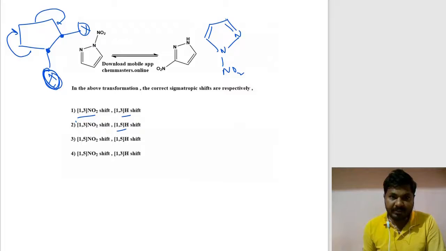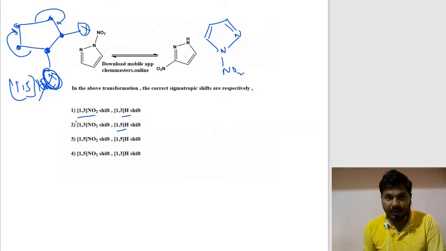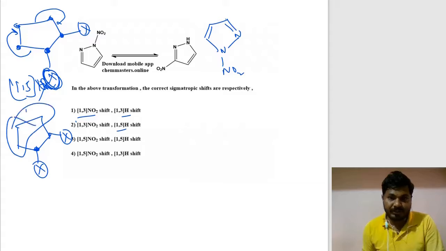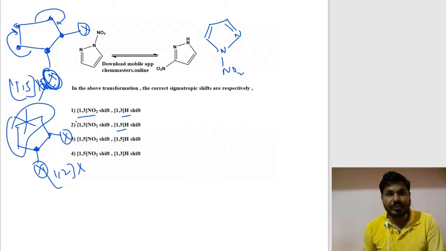Okay, if X is shifted onto this, how many atoms is it exchanged through the delocalization of electrons or bonds? Simply 1, 2, 3, 4, 5. That's why we can say it is a 1,5 shift of X. Okay, so like that. For example, in the same 5-membered ring, if X is shifted from this atom to this only, without exchanging through this, then we can say 1,2 X shift. So just remember that, right?